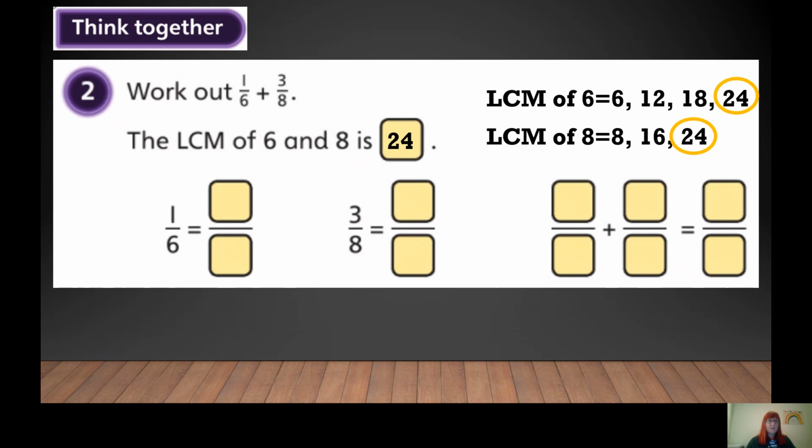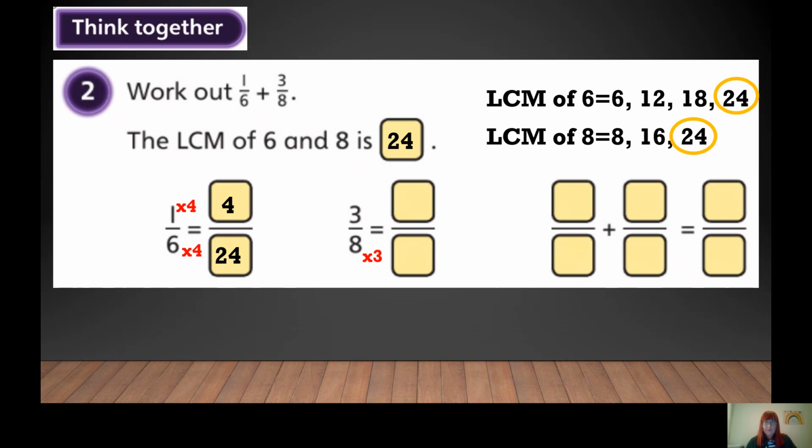So what would 1/6 be converted into 24ths? Well, to get from 6 to 24, we need to multiply by 4. So the denominator of our conversion is 24ths. What we do to the bottom, we do to the top. So 1 times 4. Okay, so 1/6 is equivalent to 4/24. Now, what about 3/8?